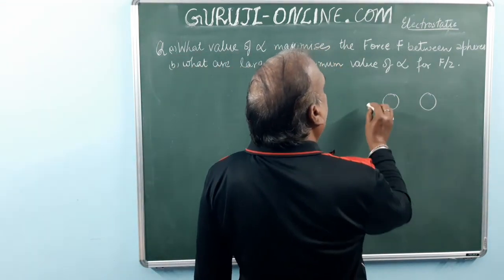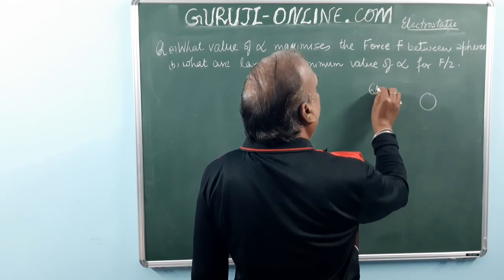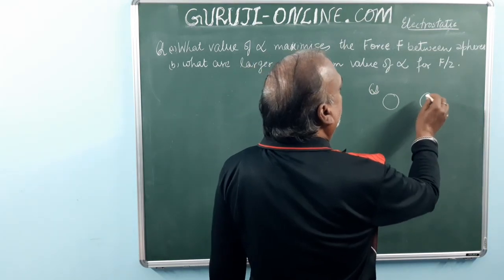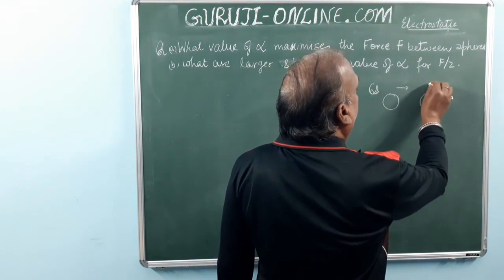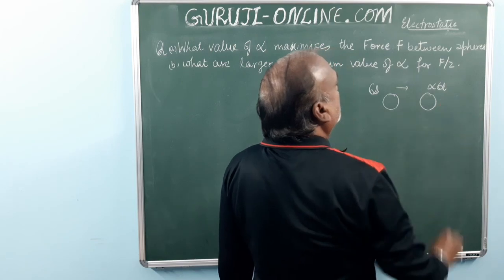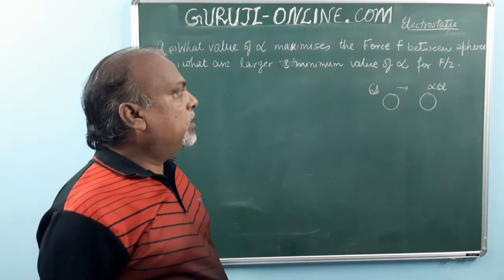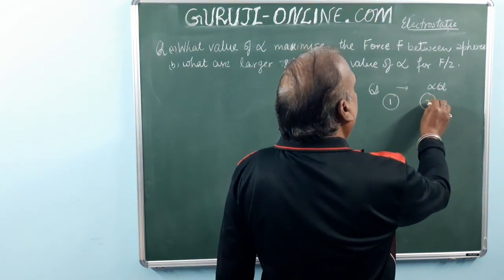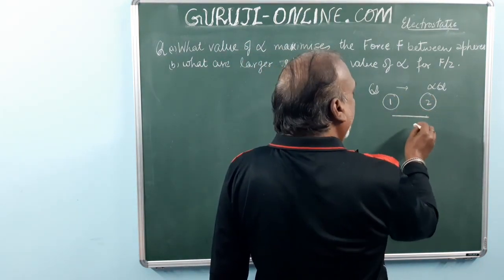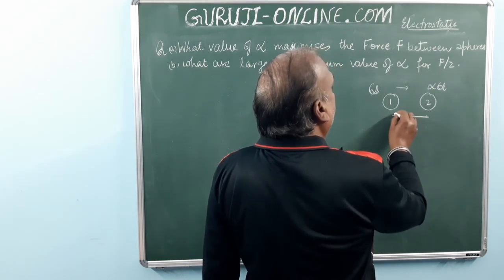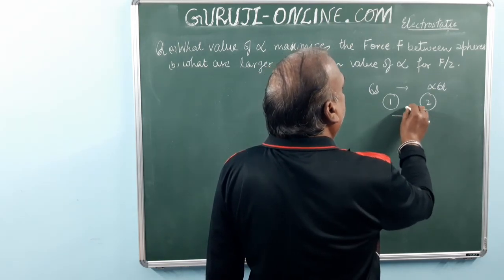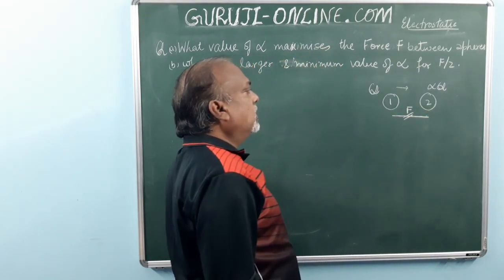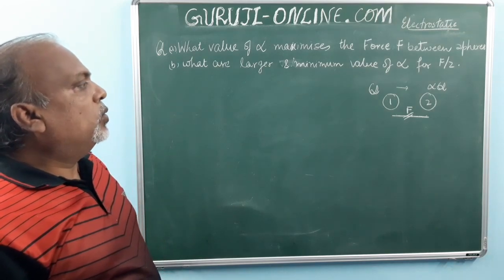This sphere is having charge Q. Suppose you transfer alpha times this charge to sphere number 2, then we have to find out the electrostatic force between these two.